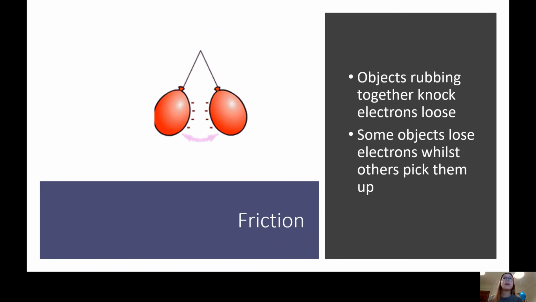Friction. I'm going to put all of these pieces of information together in a moment, but it's important to learn about them first. So friction, we know about friction. Objects rubbing together knock electrons loose. Some objects lose electrons whilst others pick them up.